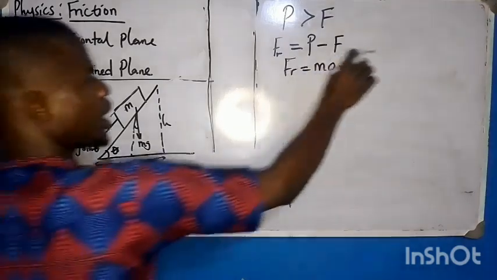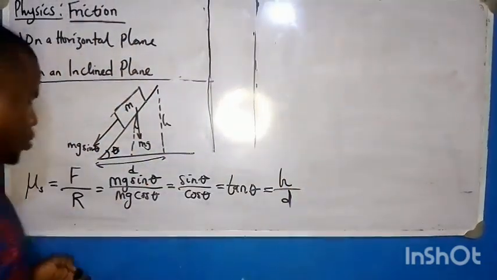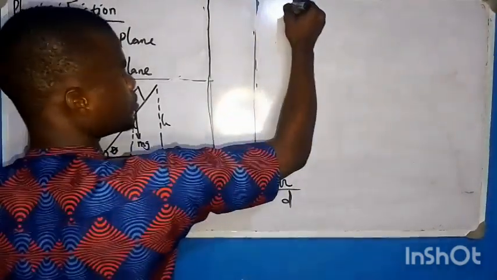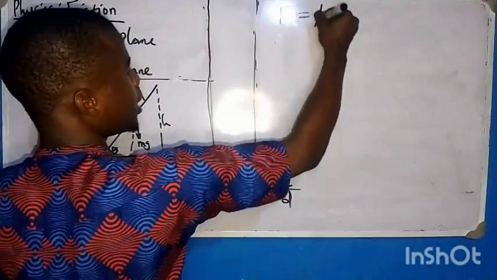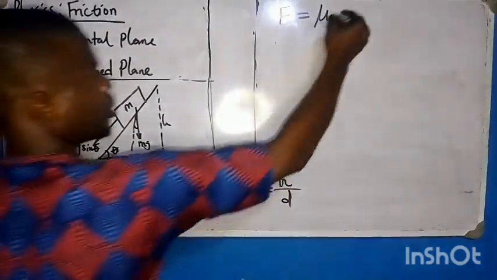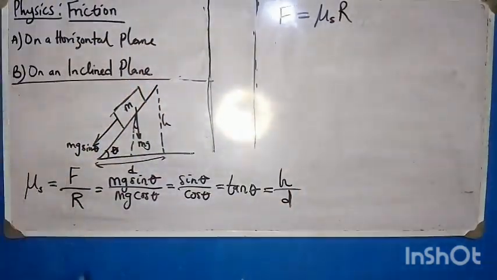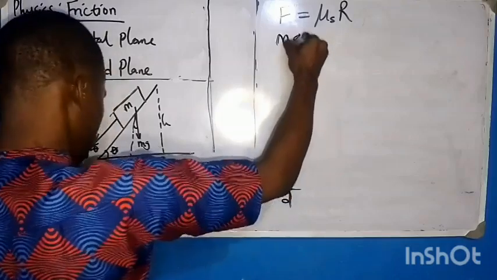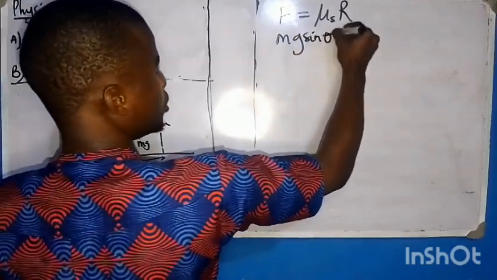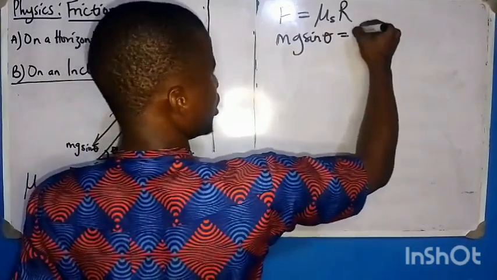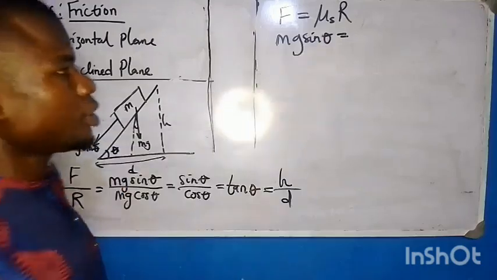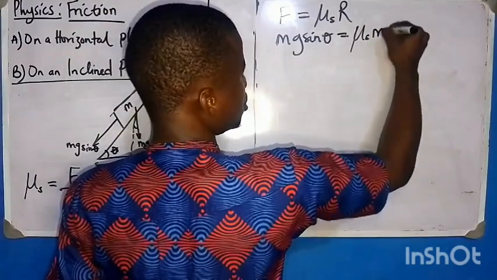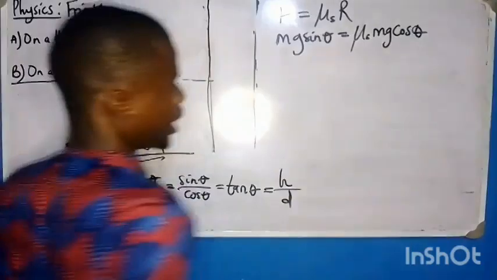Okay, but let's look at when the body starts moving. So from here, first I'm going to cross multiply. When I cross multiply, my frictional force is equal to mu s R, or I will say mg sin theta is equal to, let's change the mu to dynamic now, mu mg cosine theta.